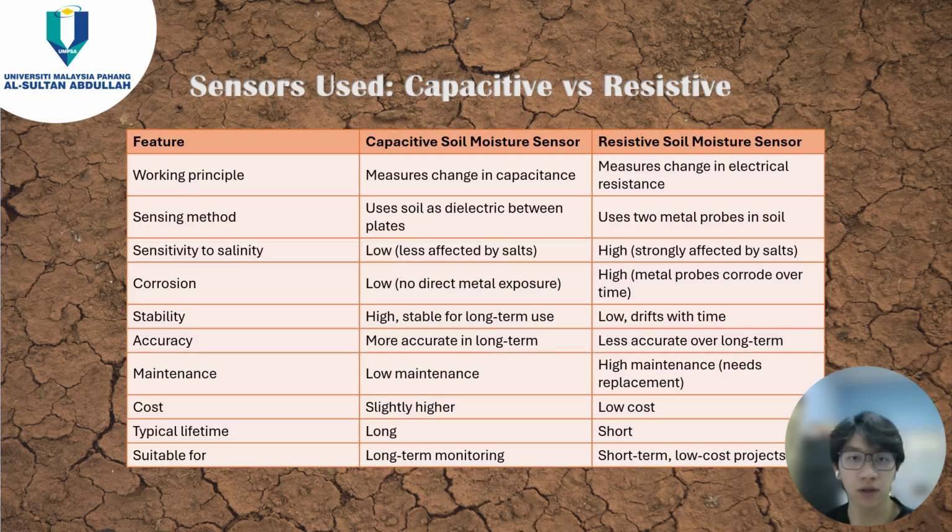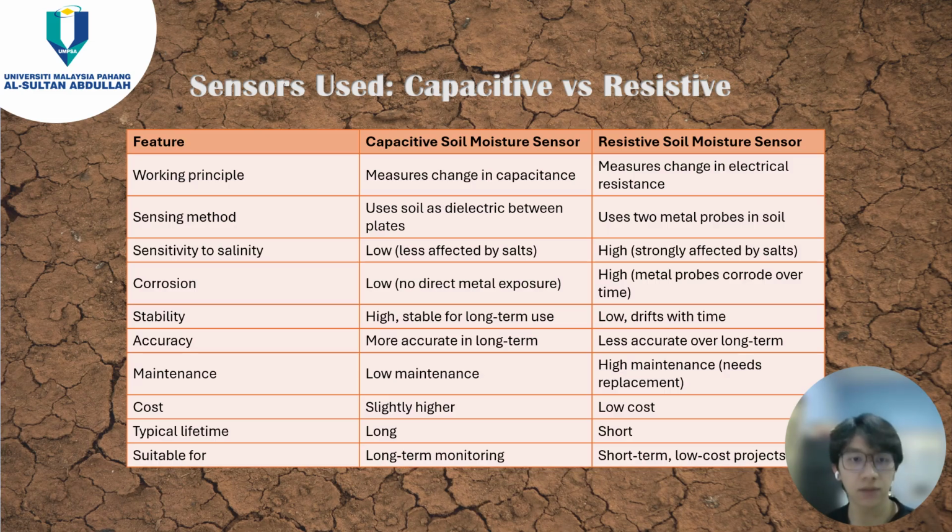The table shows the comparison between the features of capacitive soil moisture sensor and the resistive soil moisture sensor. The basic working principle for capacitive soil moisture sensor is it uses capacitance to measure changes in soil, while resistive soil moisture sensor measures changes in electrical resistance.